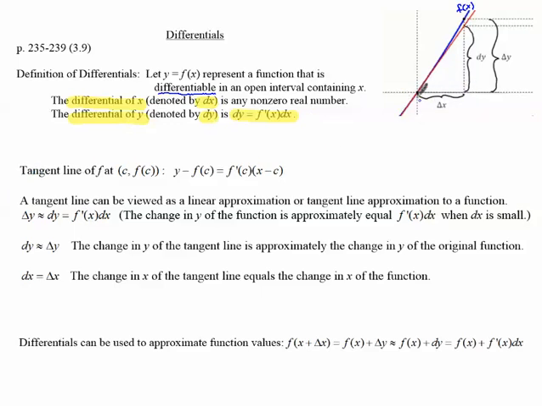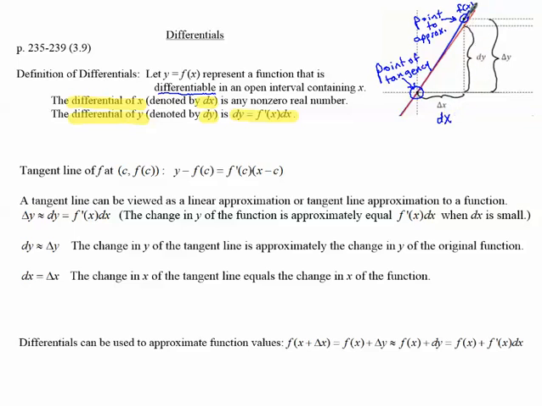So this change in x here is the difference between that point of tangency right there and the point that we're trying to approximate on the curve, which is noted up here. This change in x, from this x value to this x value, which can be called delta x for change in x, is also the differential dx.